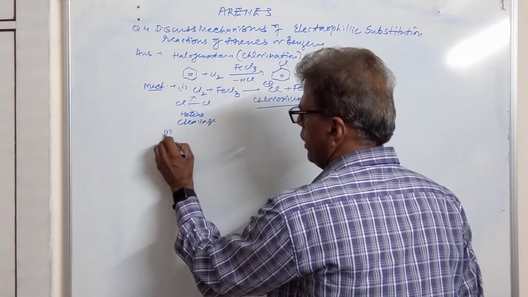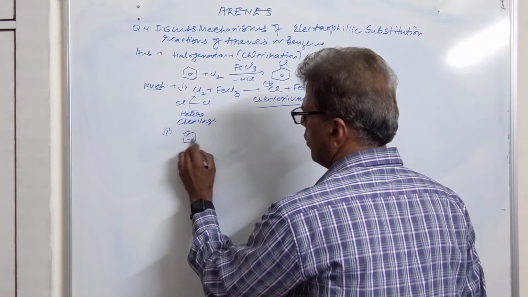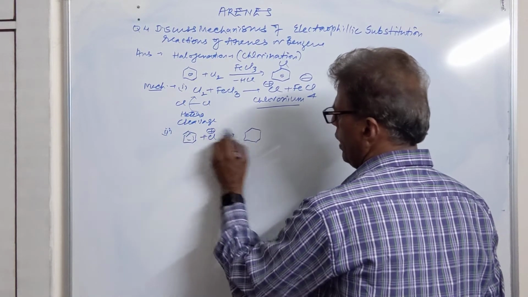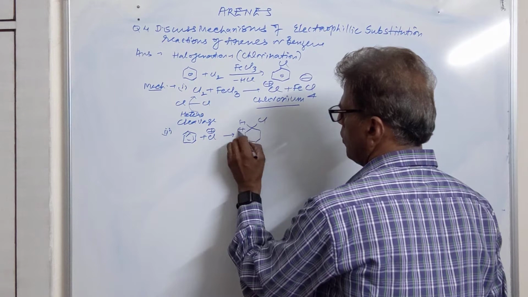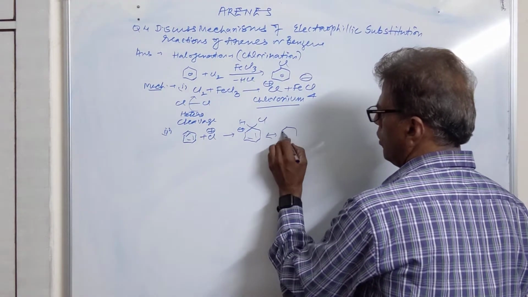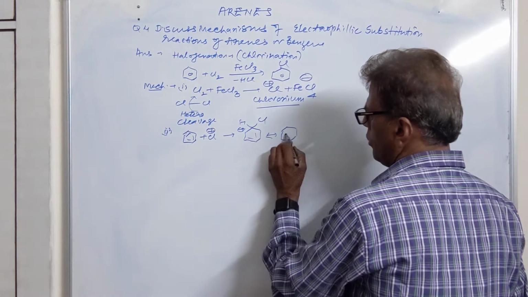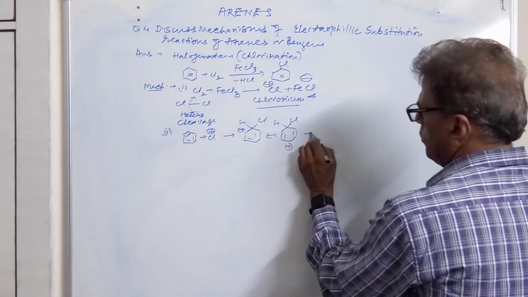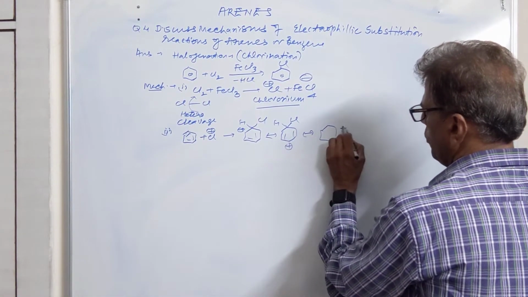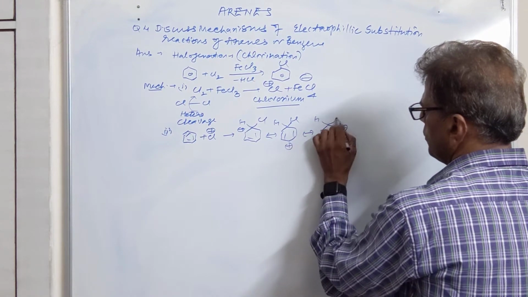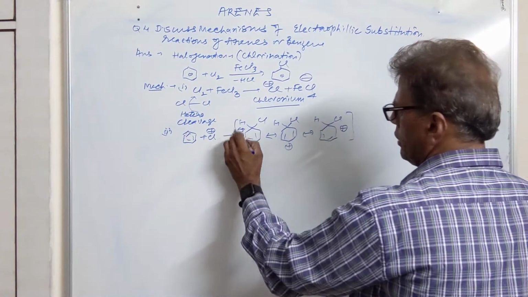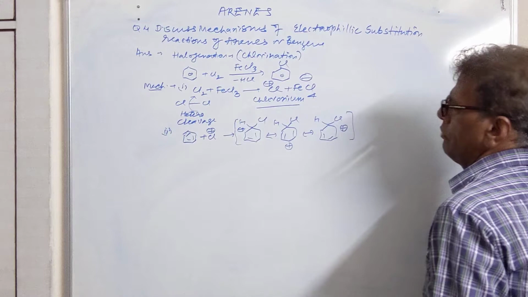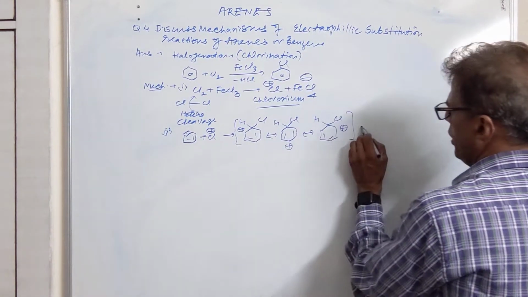So the next step will be attack of this in the benzene ring. This pi electron comes out, goes there, and the positive charge comes here. Again, the positive charge rotates to the ortho position. So this is your resonance in the chlorinated carbocation of Arene and a resonance hybrid of this.